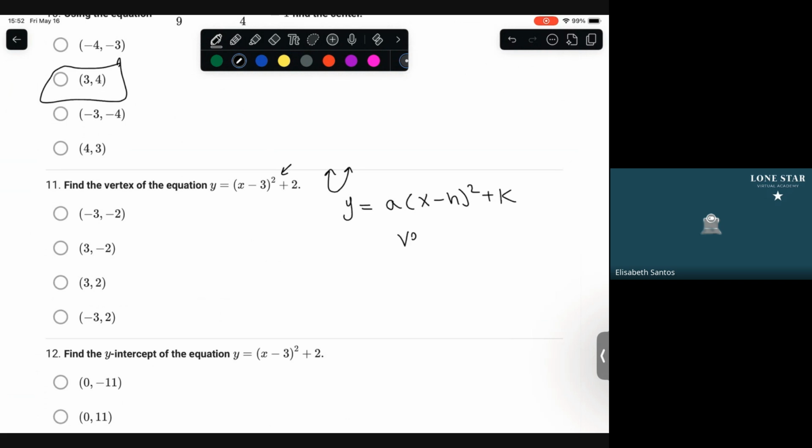So the vertex is going to be h and k. And since h is inside the parentheses, we take the opposite. So we see minus 3, it's a positive 3. And since k is on the outside, you take it as is. So you see plus 2, it is a plus 2.